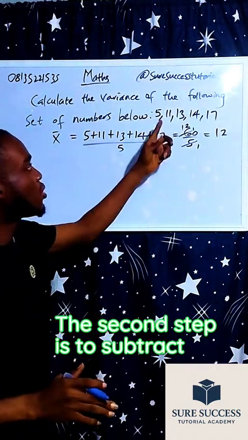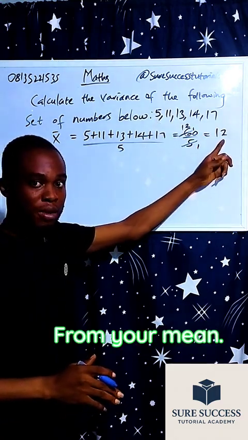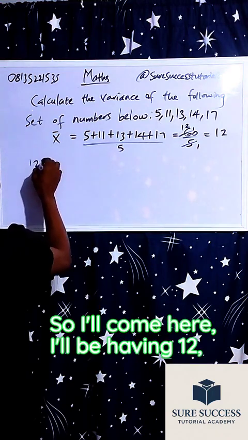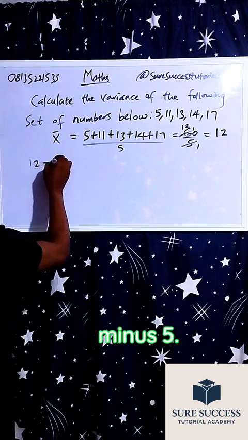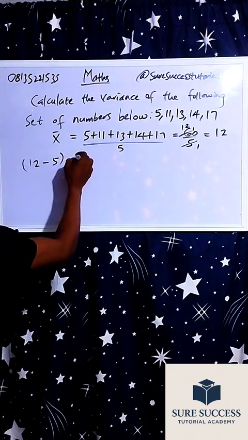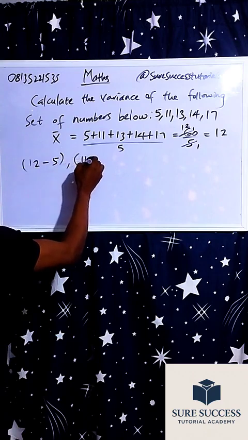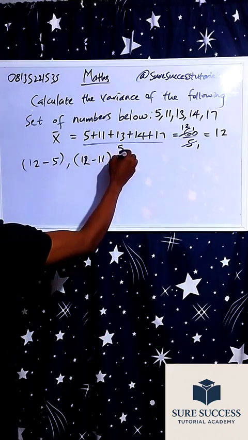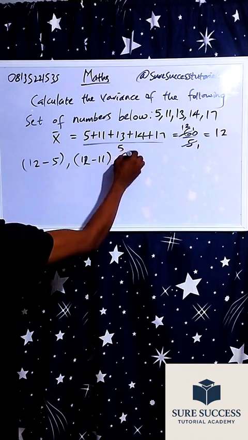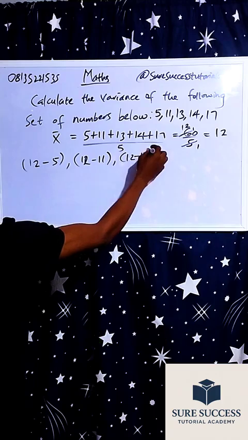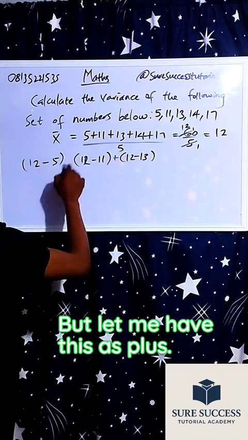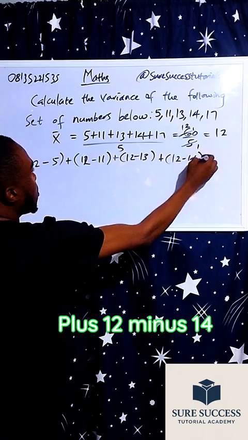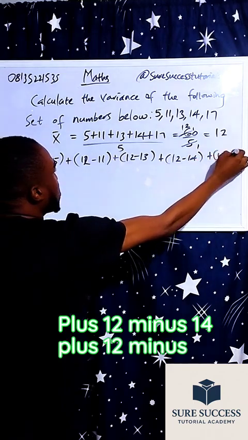The second step is to subtract each of these numbers from your mean. So let's do that. I'll have 12 minus 5, 12 minus 11, 12 minus 13, plus 12 minus 14, plus 12 minus 17.